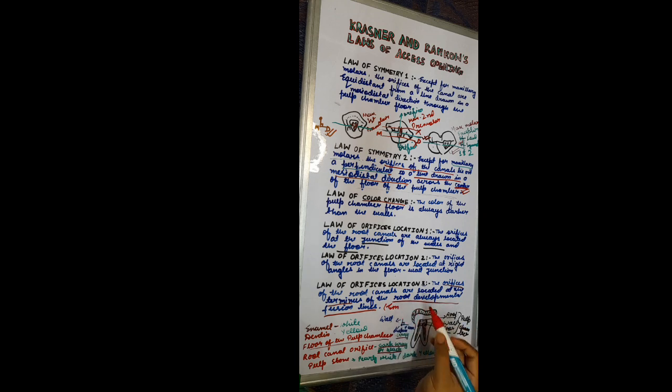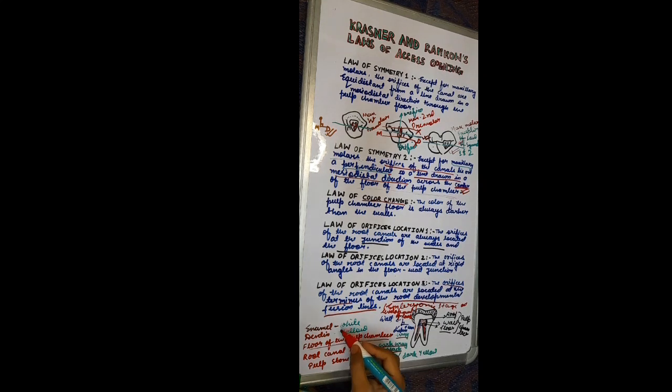So this is about the embryonic development of the tooth. According to the law of orifice location 3, the orifices of the root canals are located at the terminus of the root developmental fusion lines.